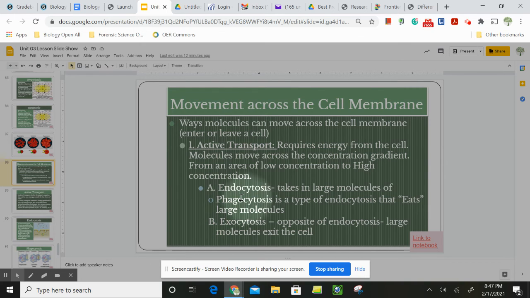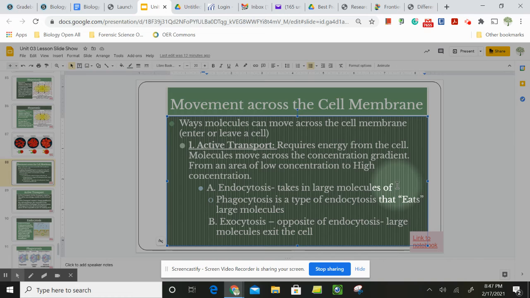Phagocytosis is endocytosis that just refers to eating. It's when unicellular organisms use this active transport to absorb their food. They eat this way. And then exocytosis is when large molecules exit the cell.